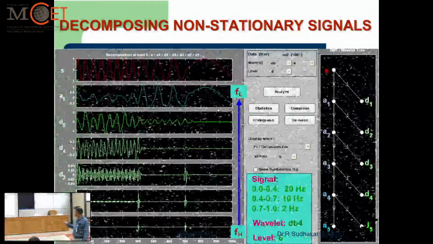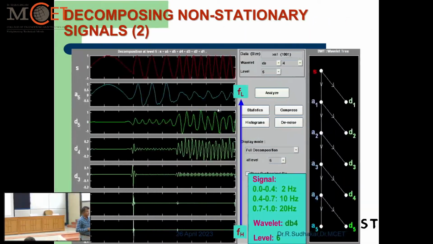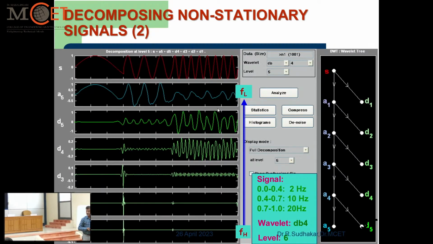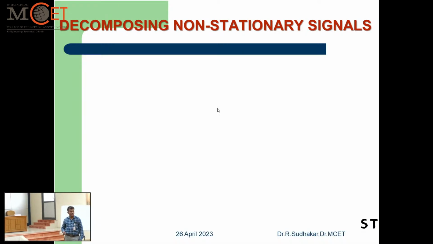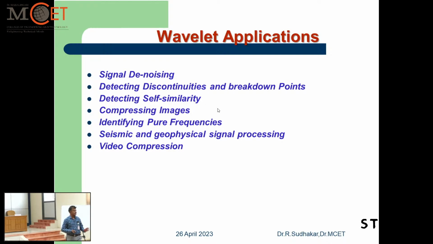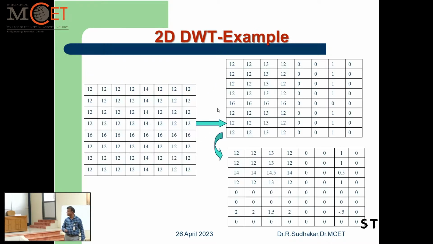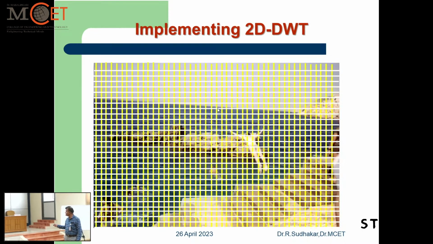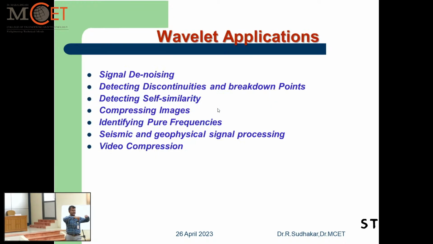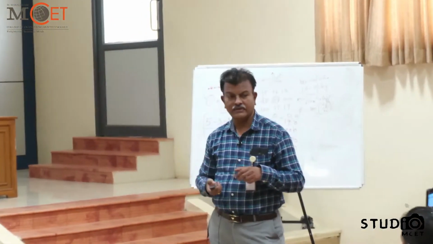These are all the applications, right? So researchers, try to focus on this. We can go for signal denoising. This is the first application. Detecting discontinuities or breakdown points. We have a signal, and whenever there is a discontinuity, I can find it out using the wavelet transform.